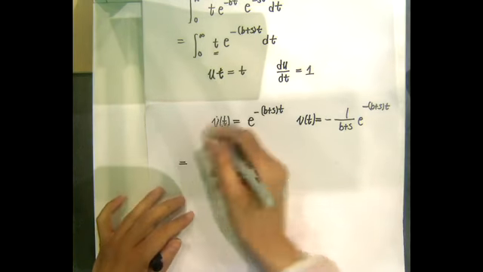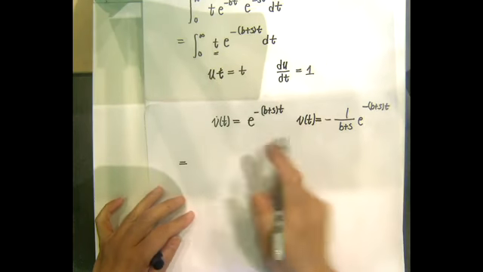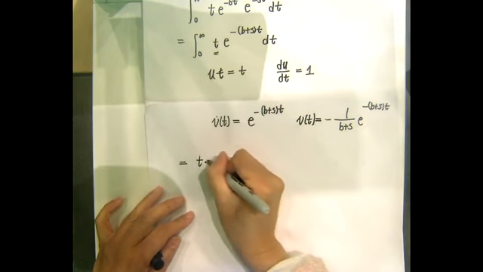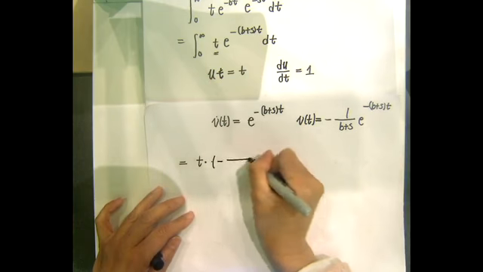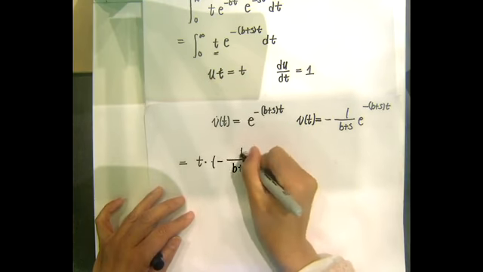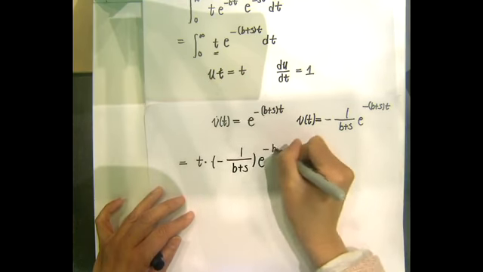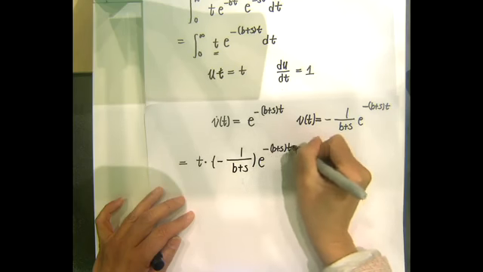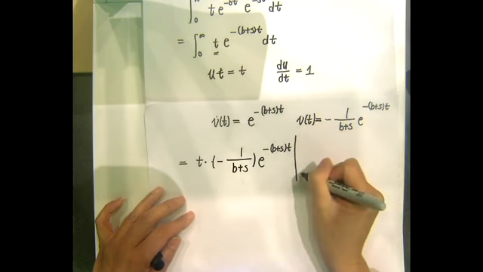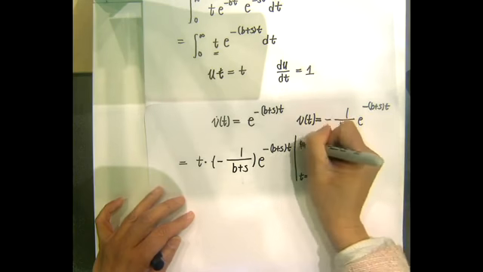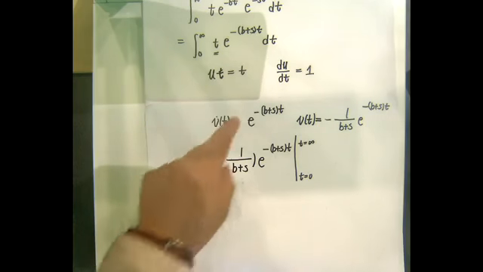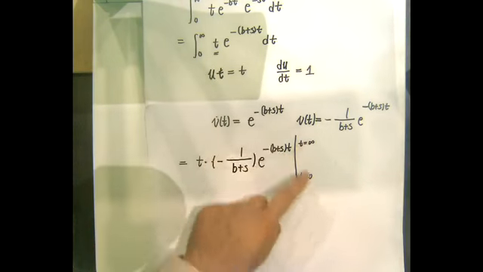Now, when I'm doing integration by parts, this one will equal u and v. So I will have my t and minus 1 over (b plus s) times e minus (b plus s)t. My t value will be 0 at t equal to infinity. And then I need to subtract the integral of du and v(t).